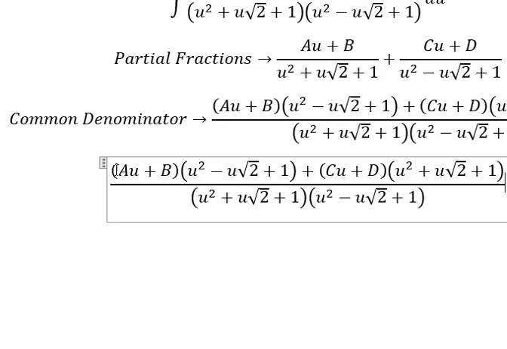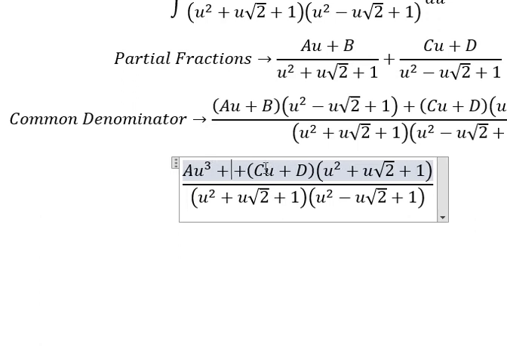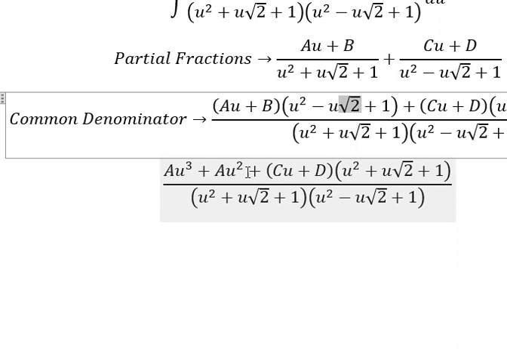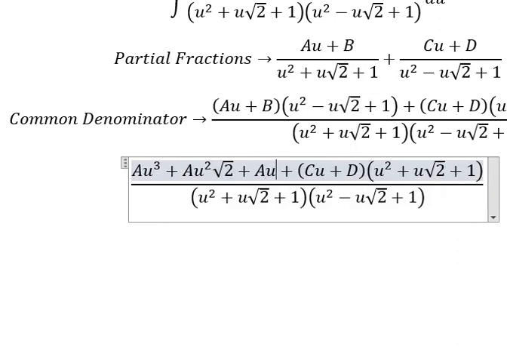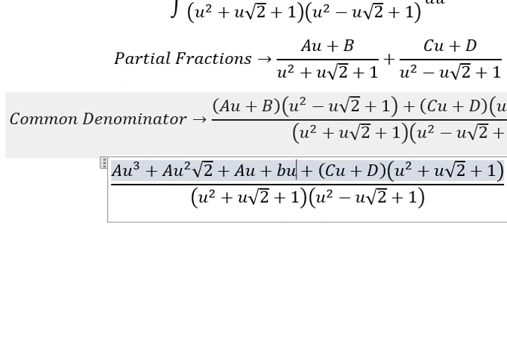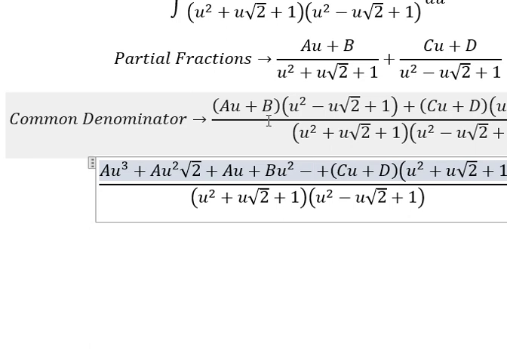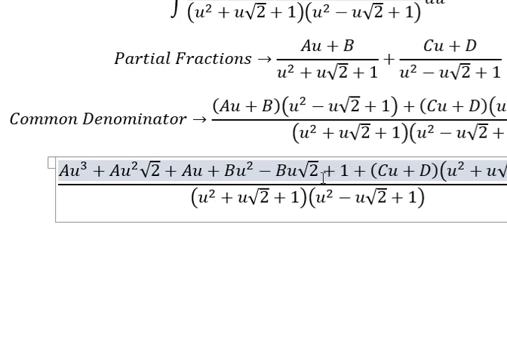Now we need to expand this one. So we have au to the power of 3 plus au squared with the square root of 2, the next one we have au, the next one we have bu squared minus bu with the square root of 2 and 1.